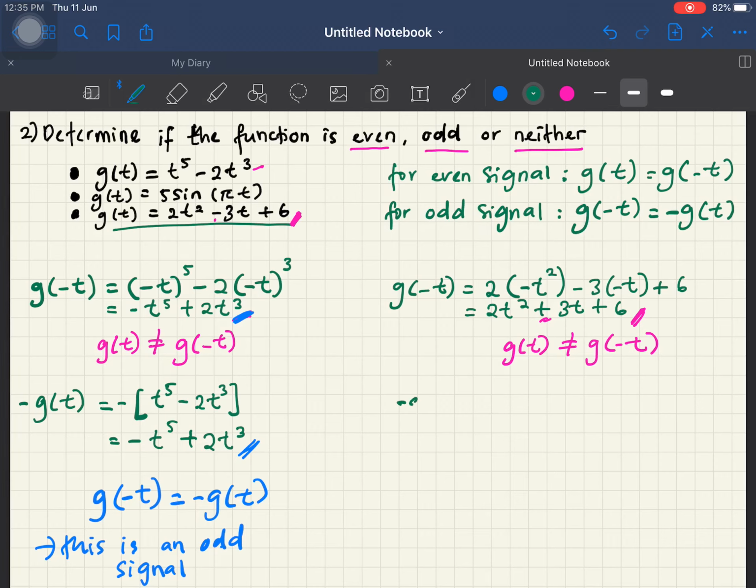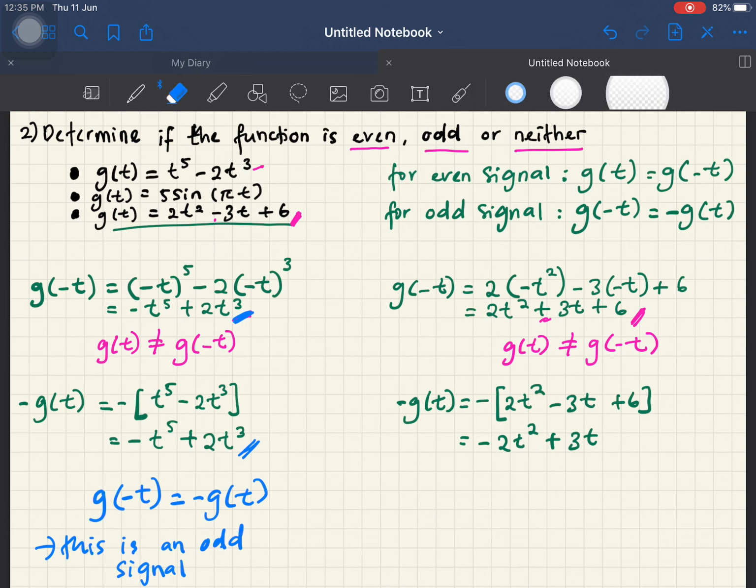Let's try the odd one. Minus g of t equals minus 2t squared minus 3t plus 6. So you will get minus 2t squared plus 3t minus 6.